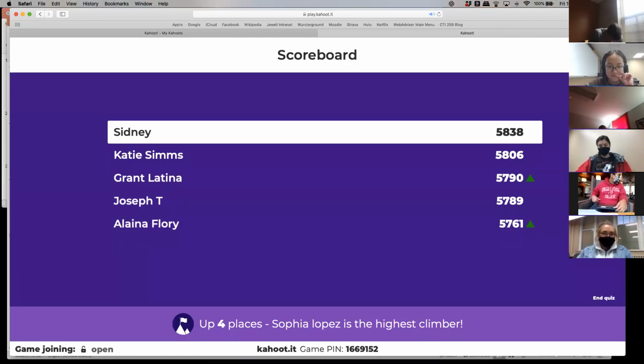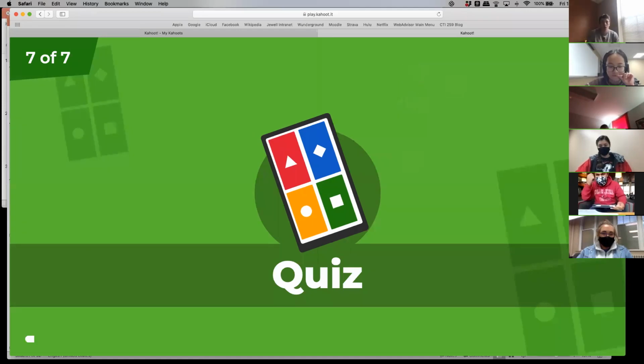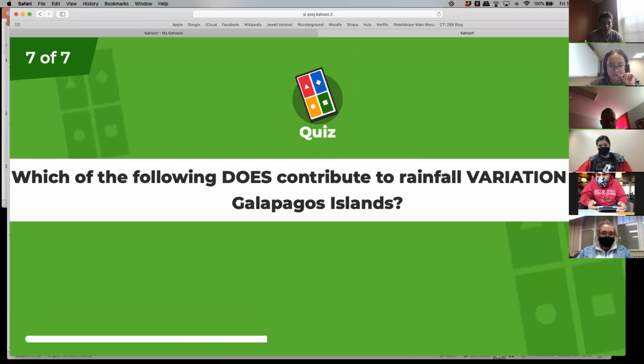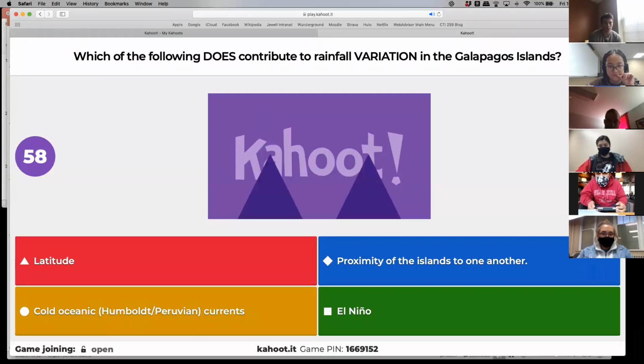And last question. Which of the following does contribute to rainfall variation in the Galapagos? And you should get this one based on our last discussion of a similar question.